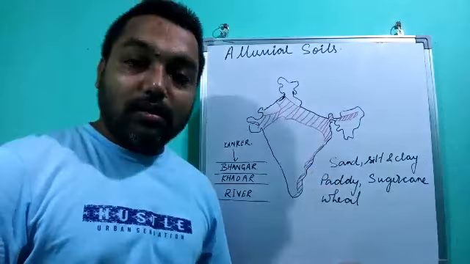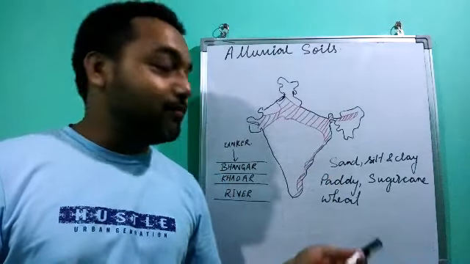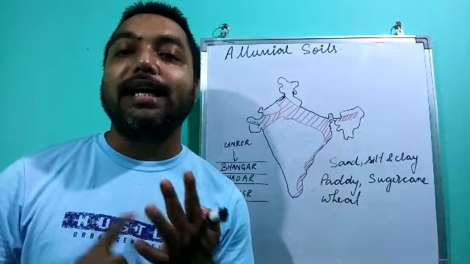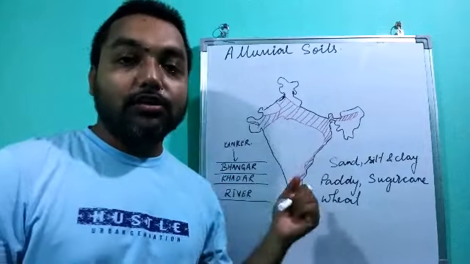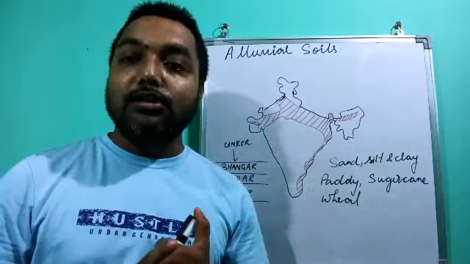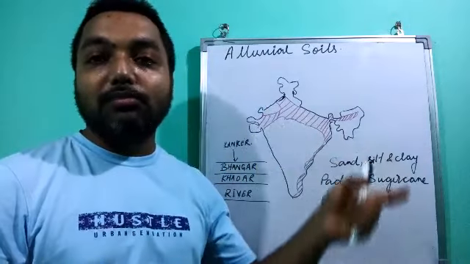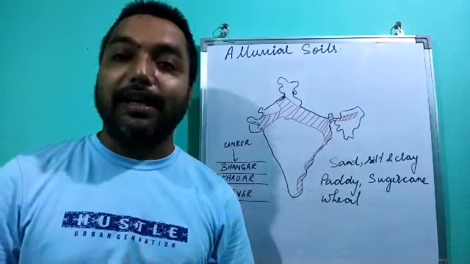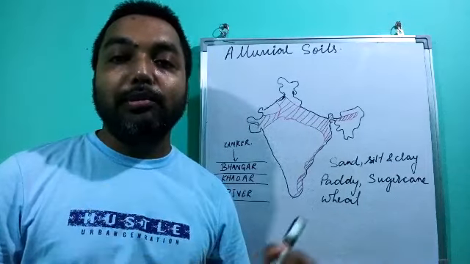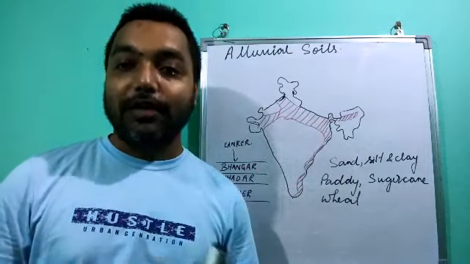So this soil is very important for production of different kinds of agriculture, the most important being rice and wheat. That is why the area of alluvial soil, the northern plain of India, is very rich in agriculture. Agriculture is predominantly an important occupation of the people living in the areas of alluvial soil.